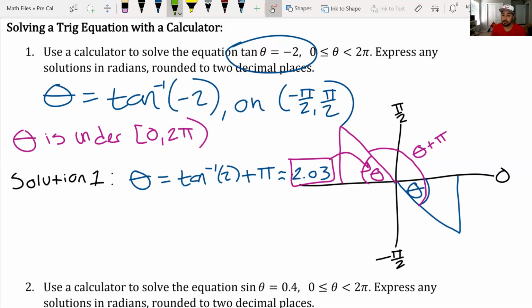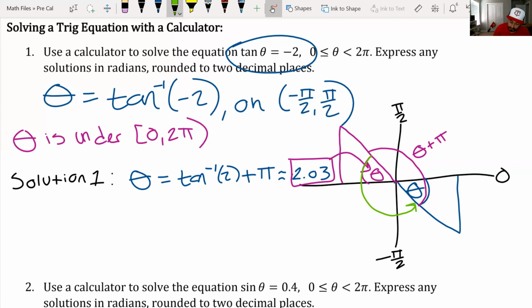In order to get that other answer, I'm going to have to take this value of theta again and add another pi, or we come back to this theta and add 2 pi. I'll show you how it works first. This angle is going to come right back here. So this value of theta gets added on another pi.